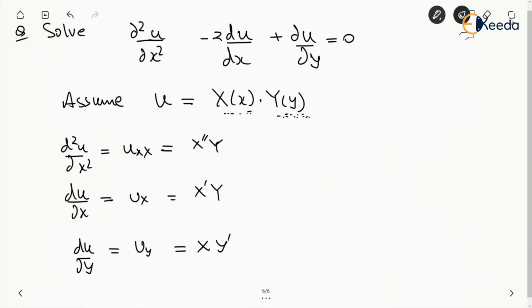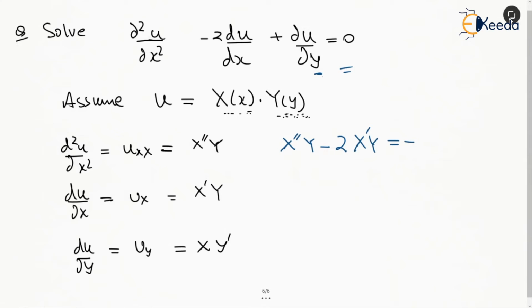In that case, this equation can be written as X double dash Y minus 2 times of X dash Y, and let's take the other term on the other side because it is purely of the term with respect to y. So minus of this is X Y dash, right?